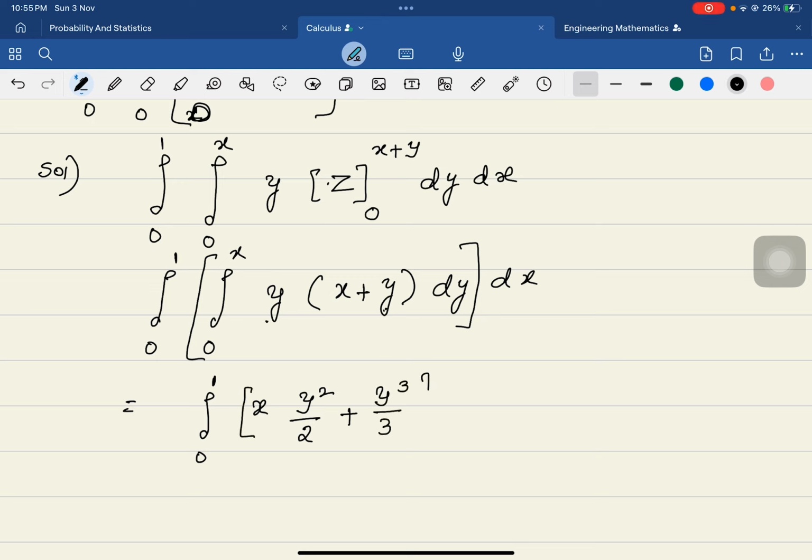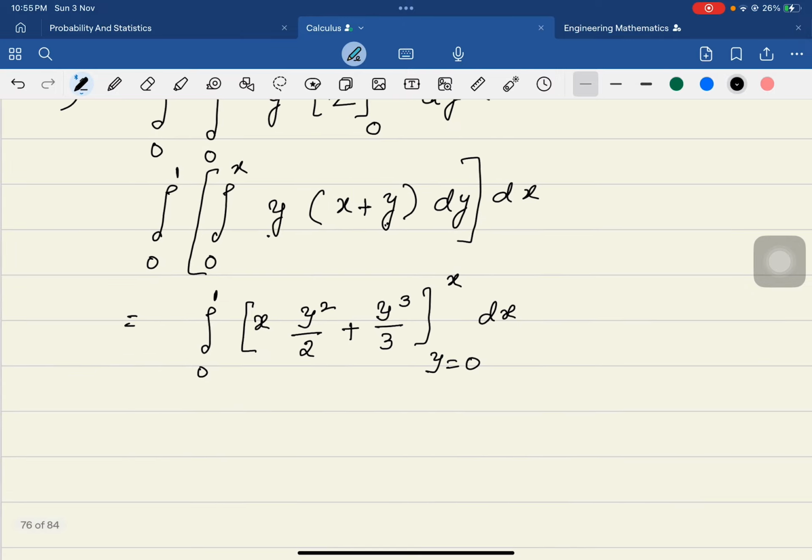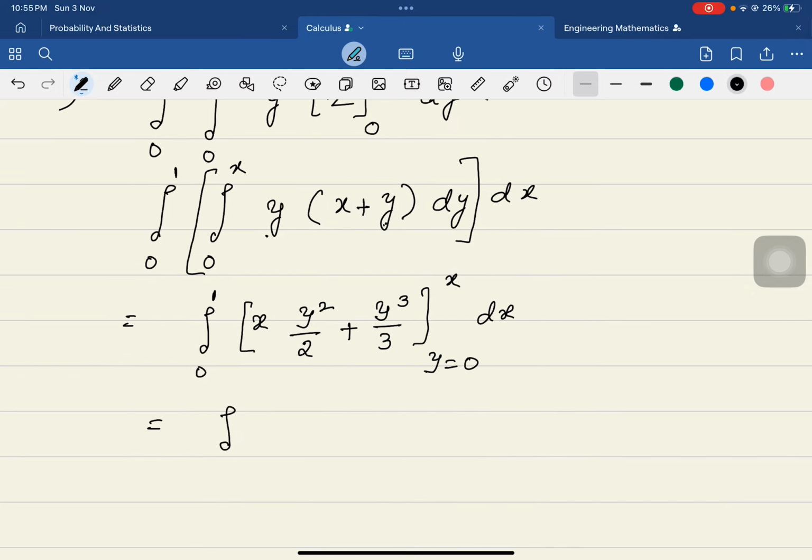Now you substitute the limits y from 0 to x, dx. Clear? And that gives you integral 0 to 1, x into, what is the upper limit? x square by 2. Lower limit is 0. Plus x cube by 3. Lower limit is 0. Clear?